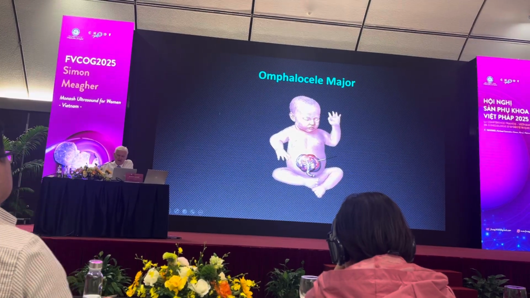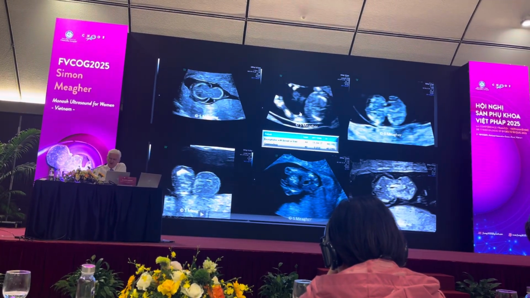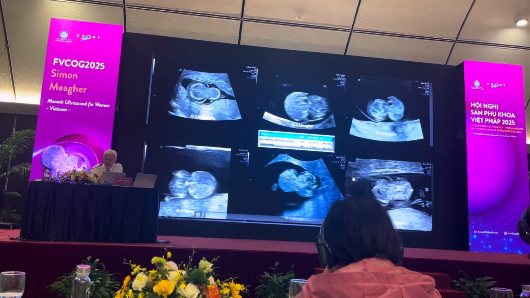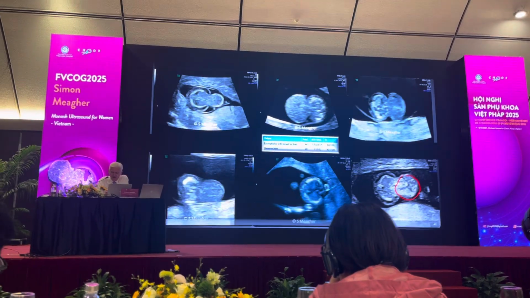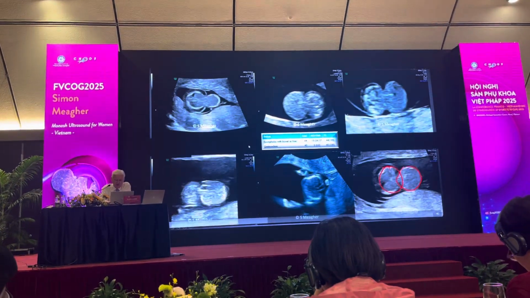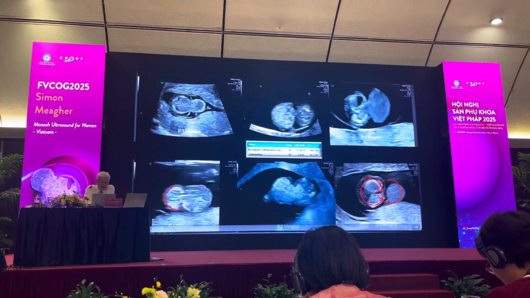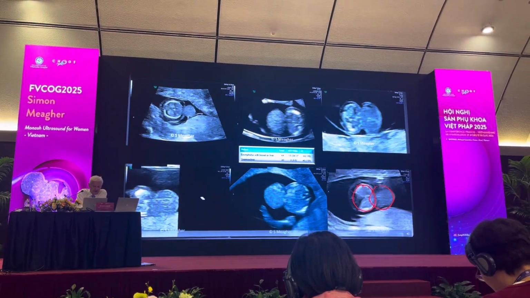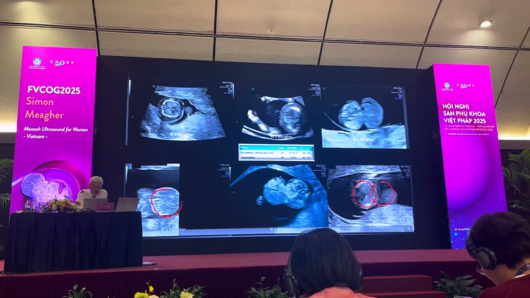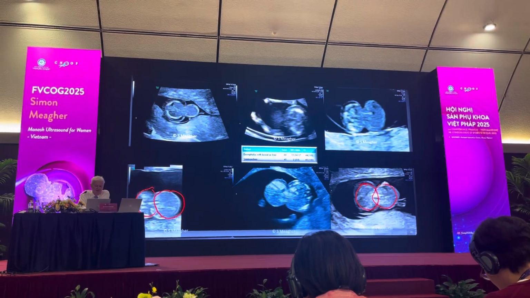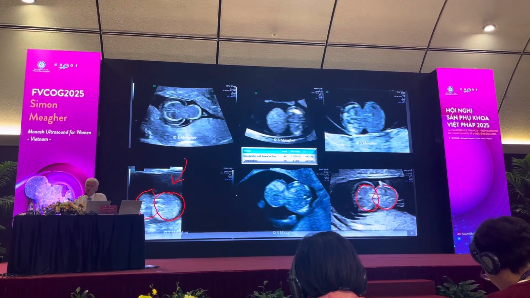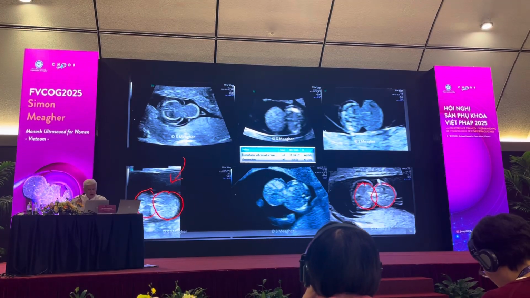Okay, omphalocele major is much easier, a very straightforward diagnosis. I mentioned, look at the circumference of the omphalocele compared to the abdominal circumference. If the omphalocele is larger than the abdominal circumference, this baby is going to need a two-stage operation repair, not one.